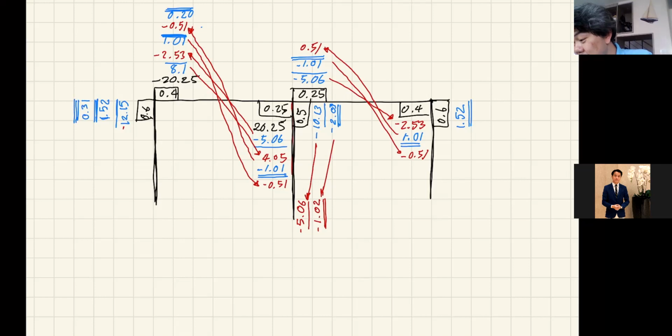That's the first column. And then the second column, we have unbalanced moment of minus 0.51. And 40% is, again, about 0.2. And 1, 2, 3. And that's 0.31.